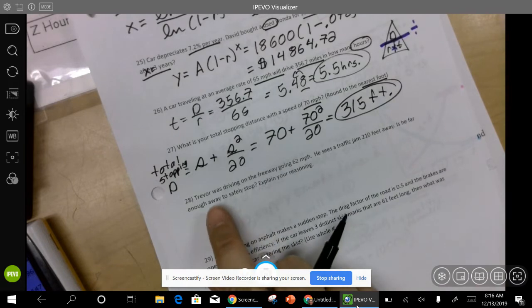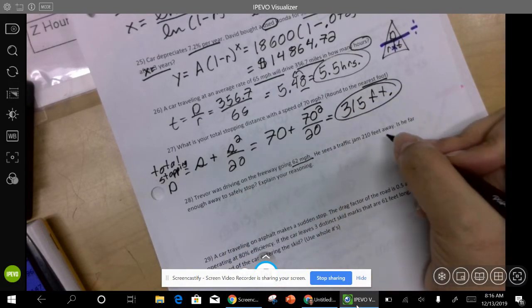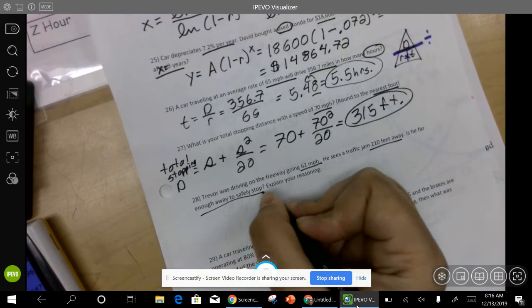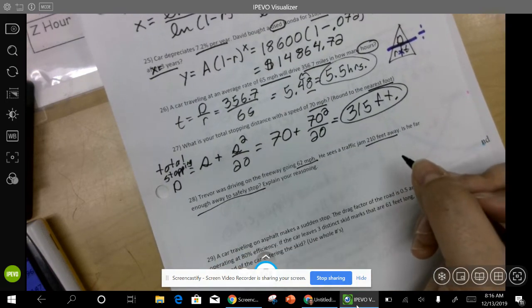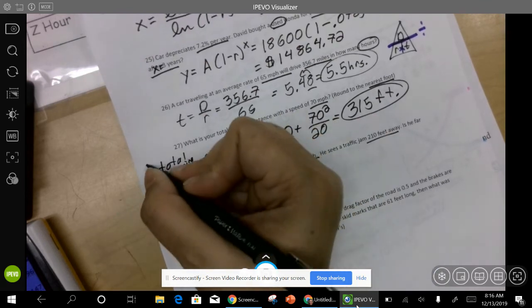Okay, Trevor is driving on a freeway going 62 miles per hour, sees a traffic jam 210 feet away. Is he far enough away to safely stop? Explain your reasoning. Okay, so basically we're going to use this formula again.